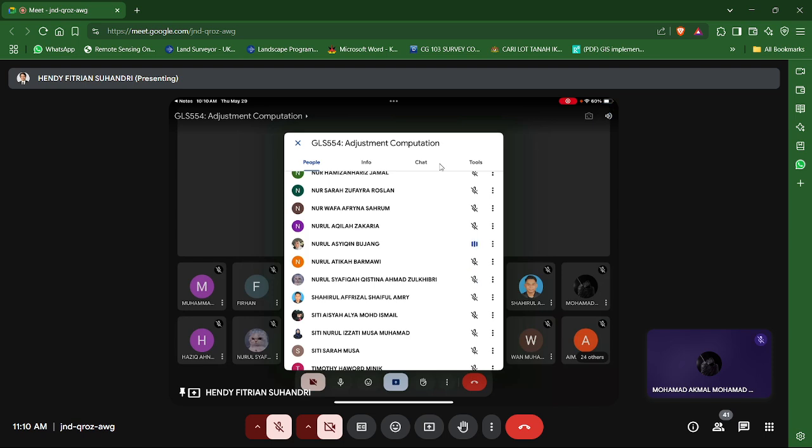Nurul Ashikin. Ya, saya doktor. Mana dependent, mana independen? Awak baru masuk, tadi tak nampak pun. Saya ada dari tadi. Okey. Dah tahu tak?